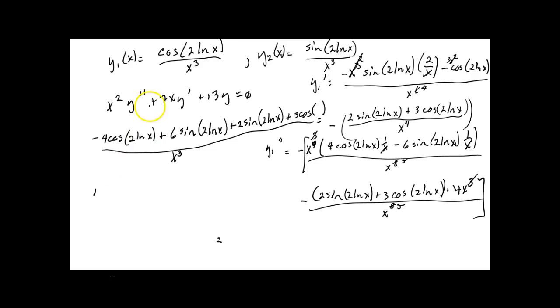Plus 7. The x is going to cancel out your x fourths there, so that's going to give you x cubed, so I'm not going to write that down. But I'll put in parentheses here, and this is your y1 prime.